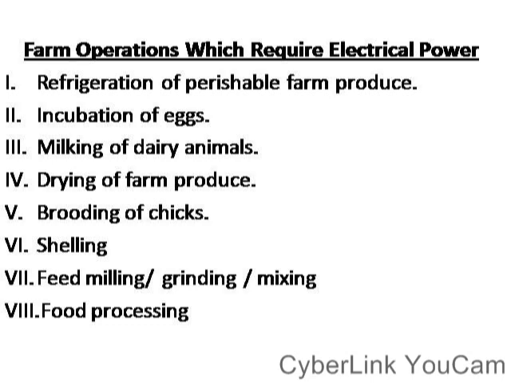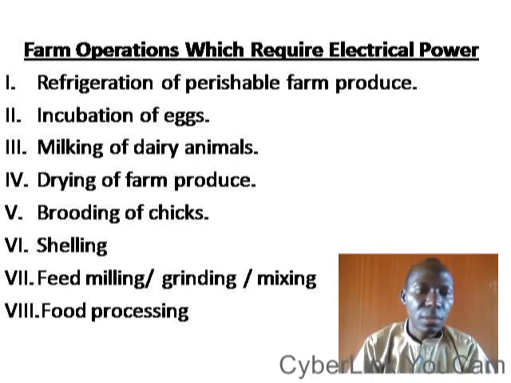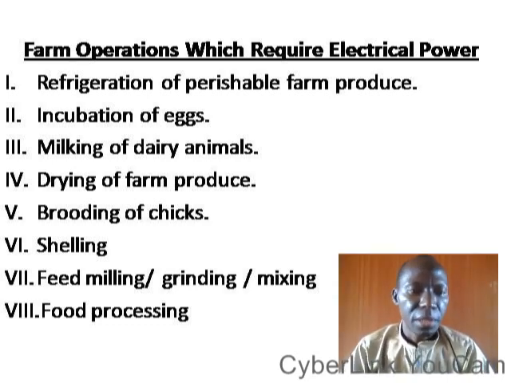Brooding of chicks: if you put the chicks in a room or in an enclosed place, you use a bulb that can generate heat, which will provide heat for the chicks. Shelling: there is a machine called sheller that shells the grains from the cob of a maize cob.